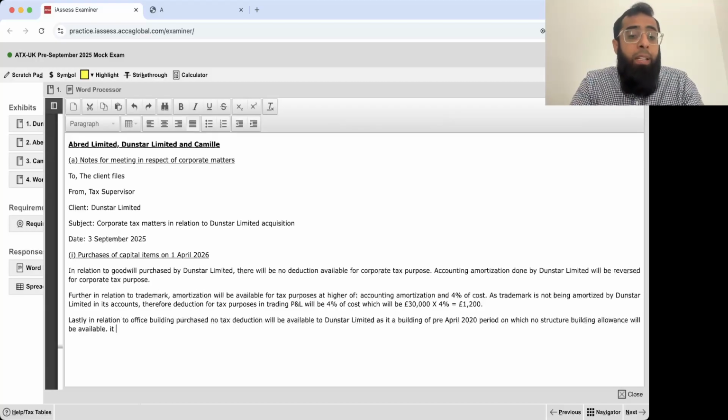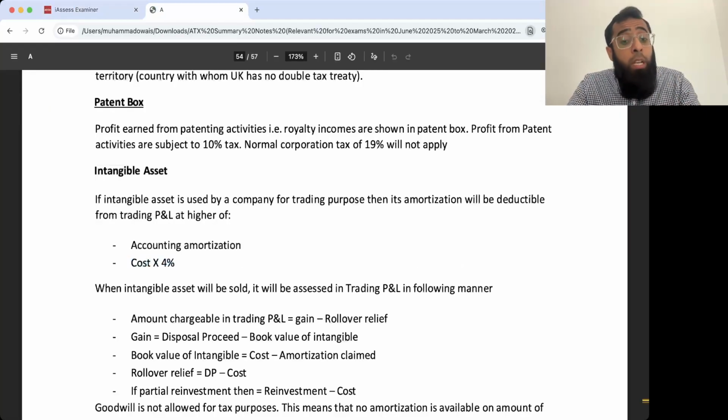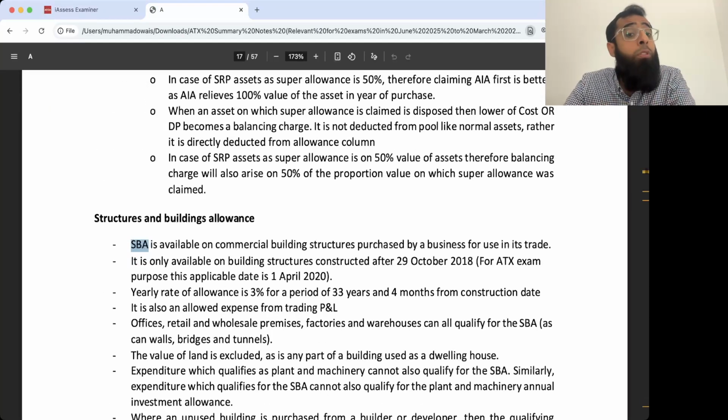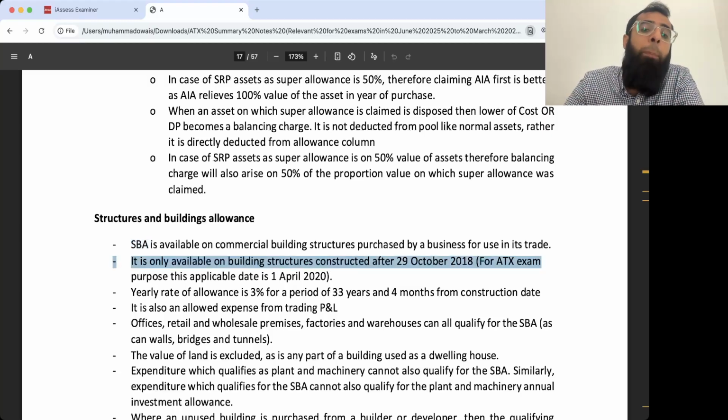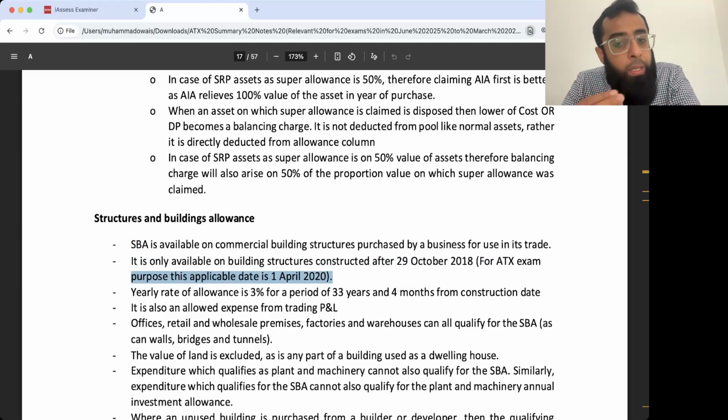Okay, it is a 20 years old building. Now, if you remember structure building allowance, the original launch date of structure building allowance was 2018. But for our examination, we follow the applicable date of April 20. You can refer to any of them. There is no issue in it.